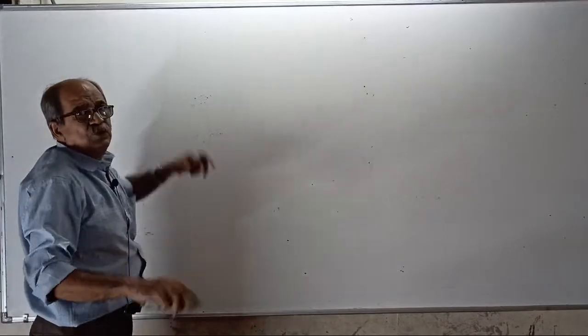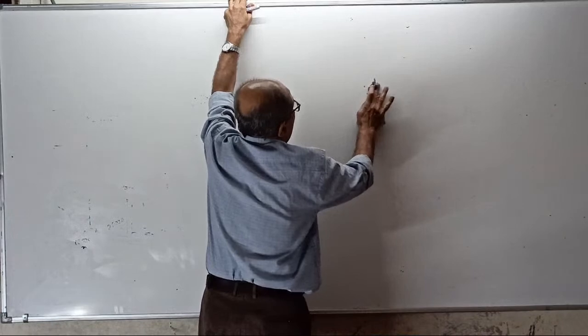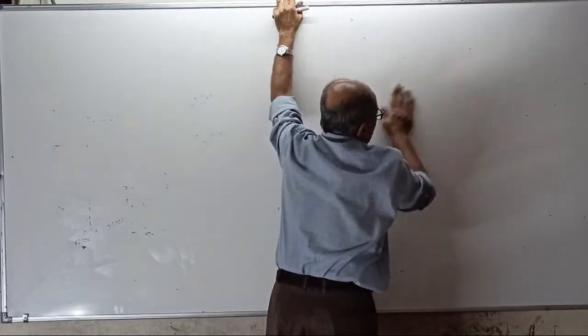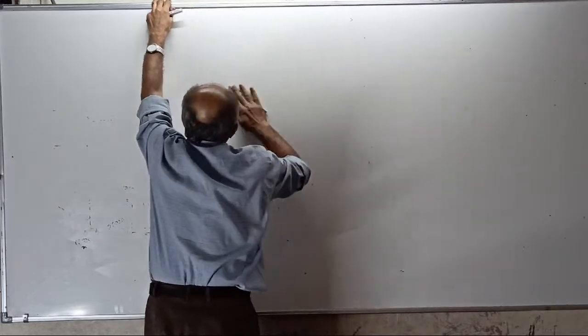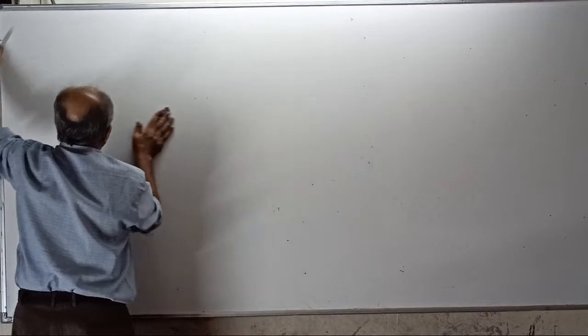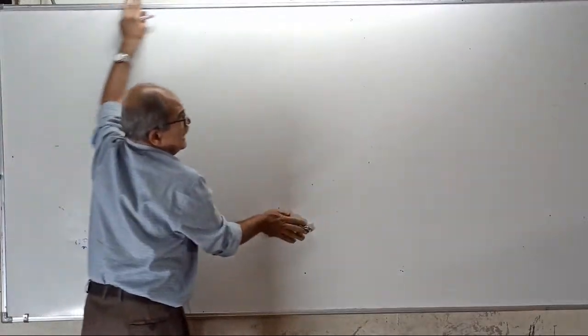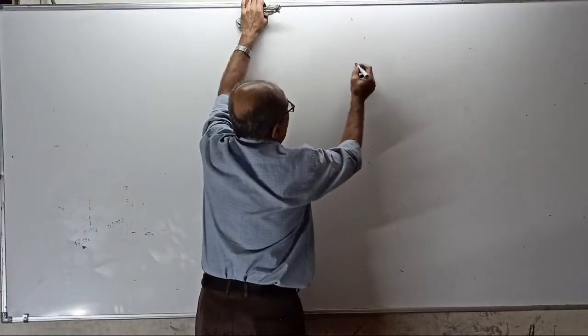Next we considered UDL, for the full span. If the UDL is for the full span, there is no problem. Happily you can take section XX and you get the answer. Now, consider partial UDL.